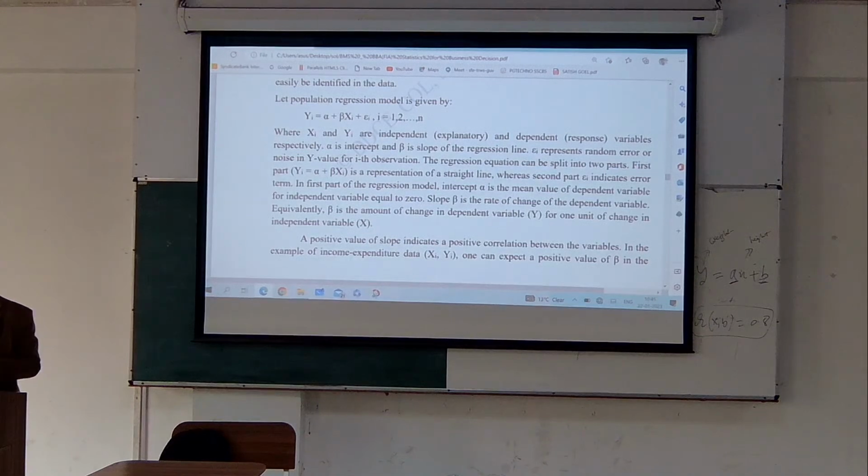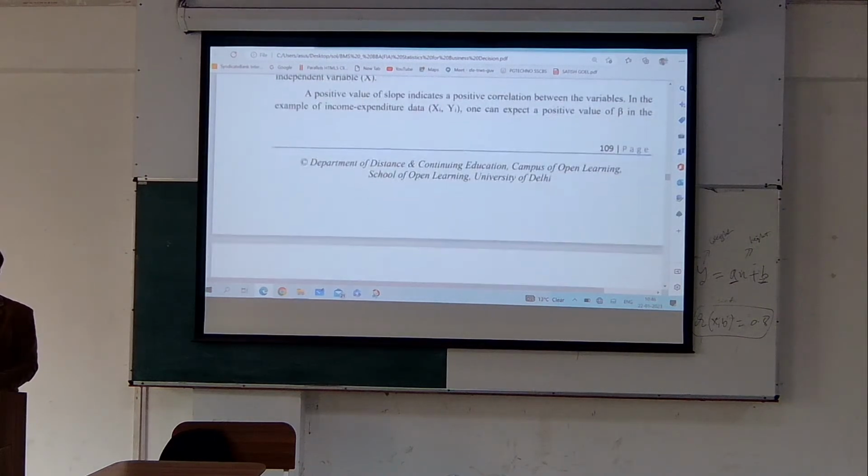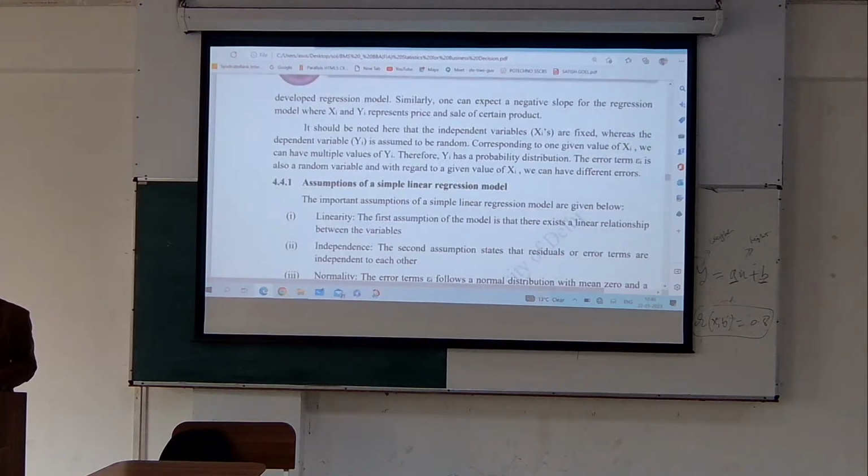So once you know that regression line, regression equation, you can find any y for given x or vice versa. Okay. This independent variable which is x is also known as the explanatory variable. The dependent variable which is your y is also known as the response variable. Okay.